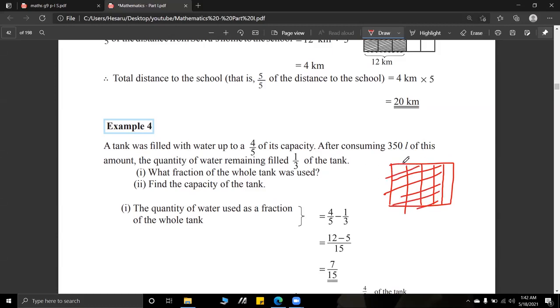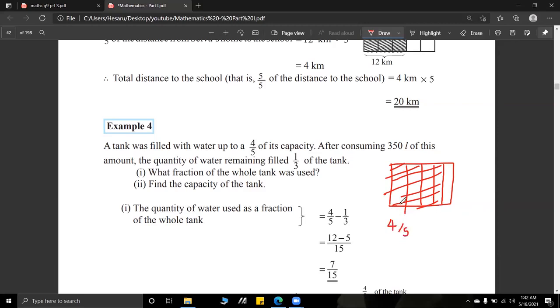Okay, so this part is filled. After consuming 350 liters of this amount, the quantity of water remaining is 1 over 3 of the tank. You can see that initially the tank was filled with 4 over 5.